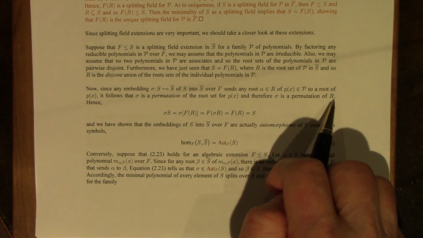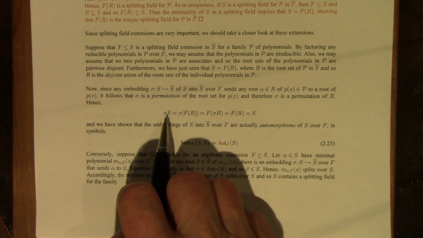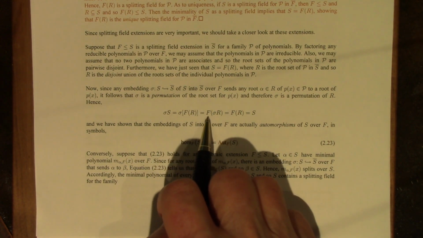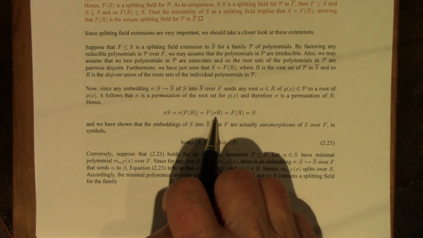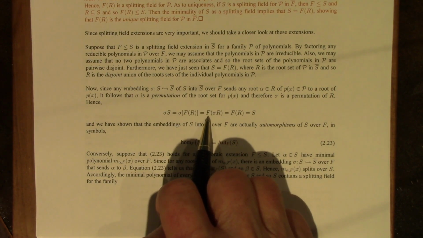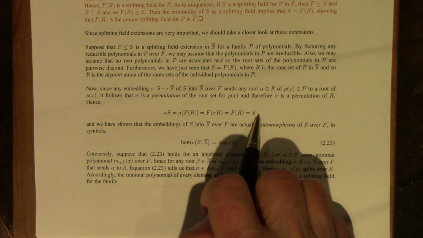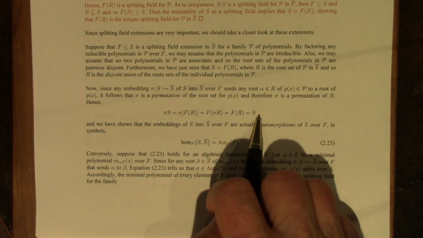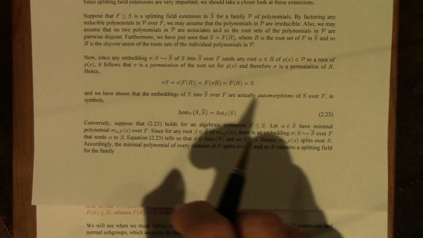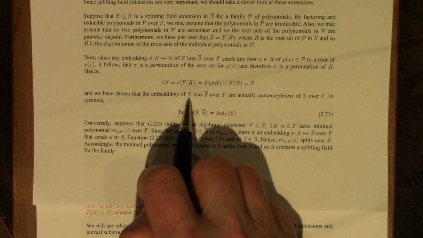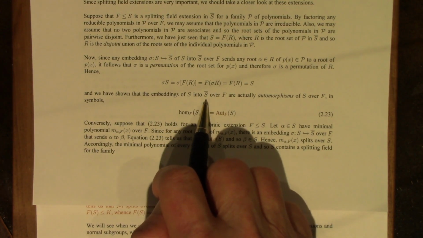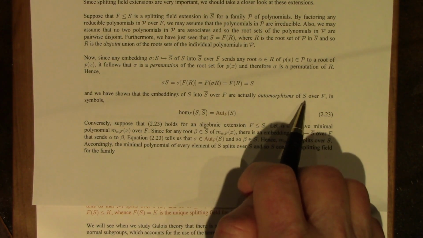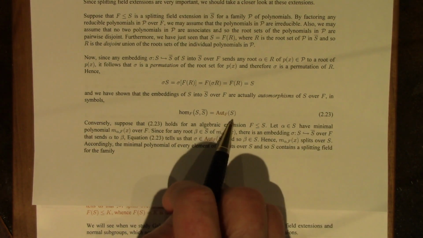So sigma of R is equal to R. And therefore sigma of S, which is sigma of F with R adjoined, is F with sigma R adjoined, because again sigma fixes F pointwise, and so that's F with R adjoined, which is S. So sigma maps S onto S. So we have shown that the embeddings of our splitting field into an algebraic closure over F are actually the automorphisms of S over F. It looks like that.